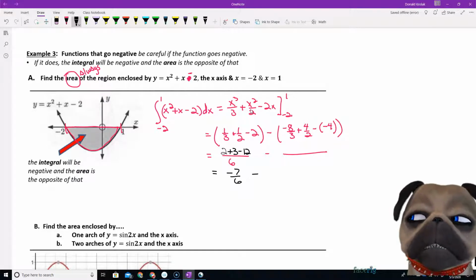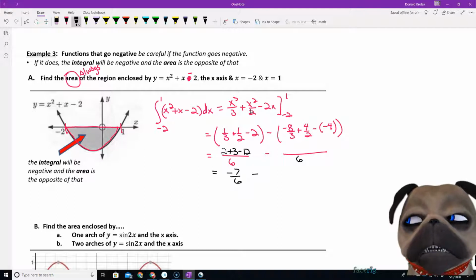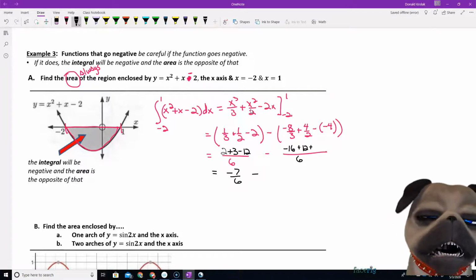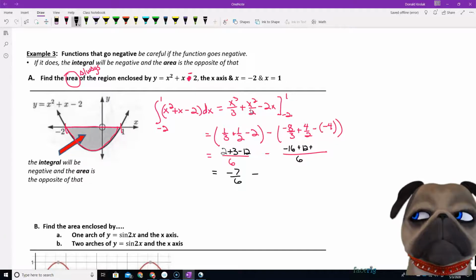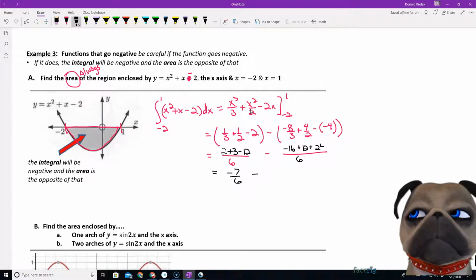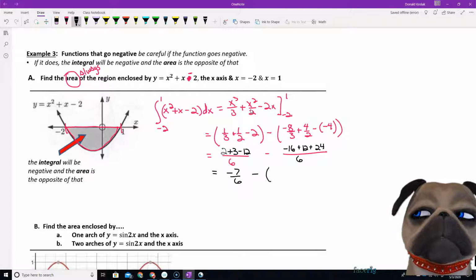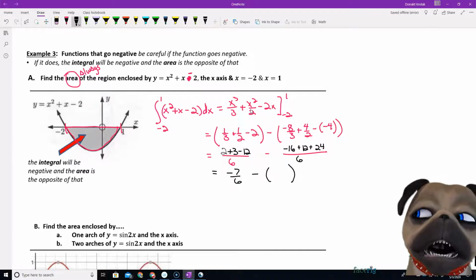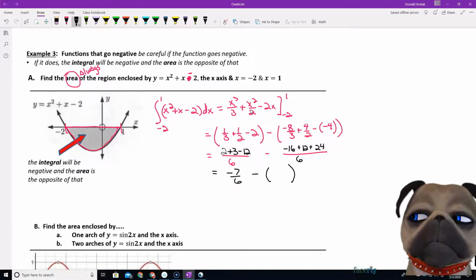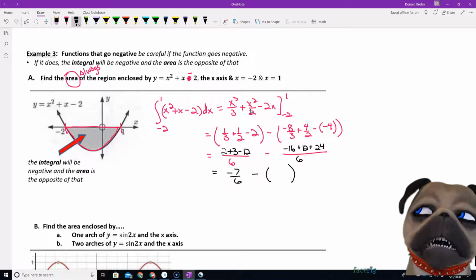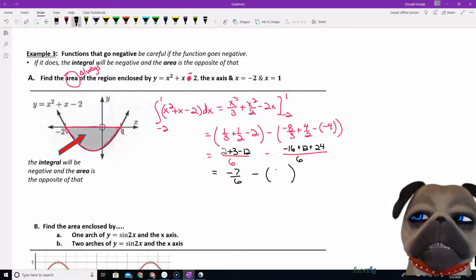And then over here, we got negative 16 plus 12 plus 24. So that gives us negative 4 plus 24, 20 over 6.